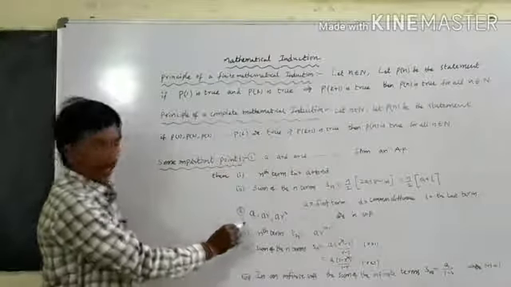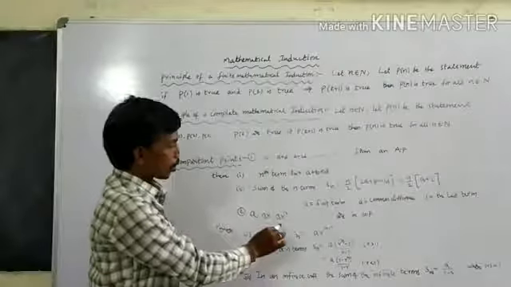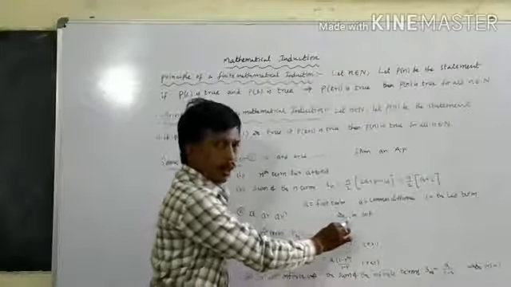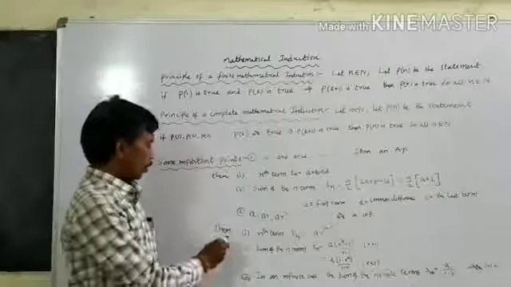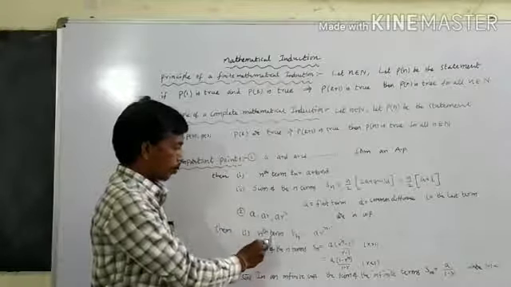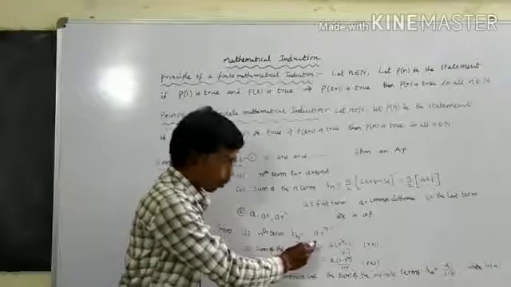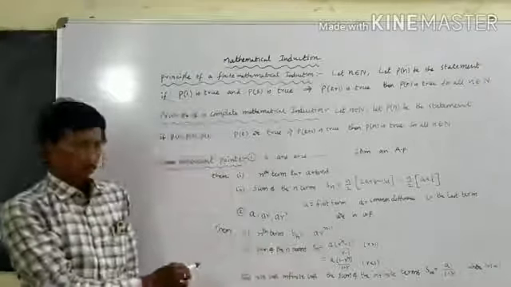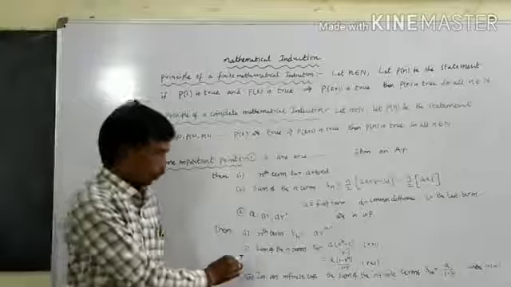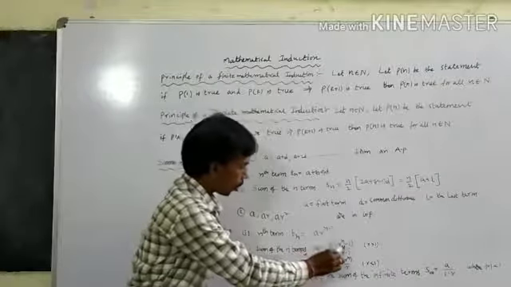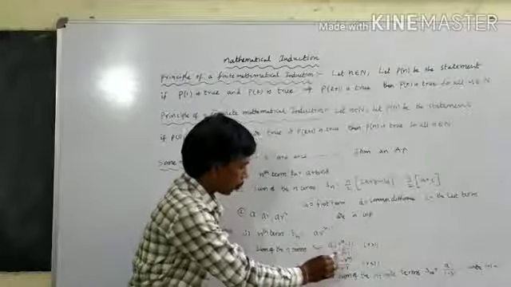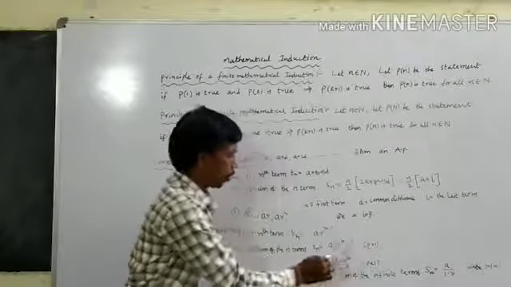Second point: a, ar, ar square and so on are in GP. Then the nth term, Tn equals a r power n minus 1. Second, the sum of the n terms, Sn equals a times (r power n minus 1) by (r minus 1), r greater than 1.